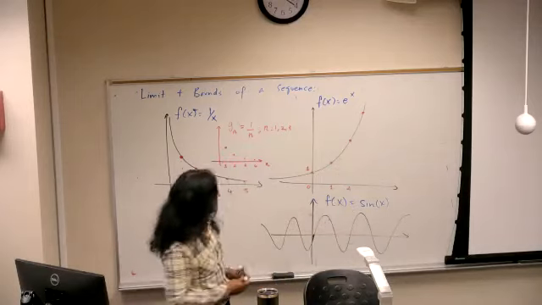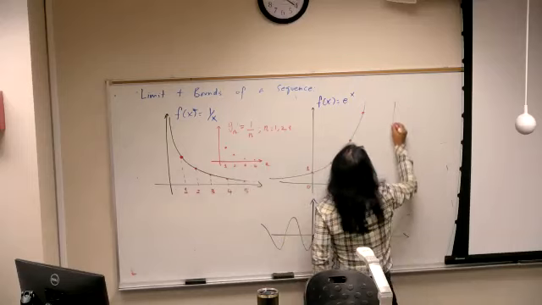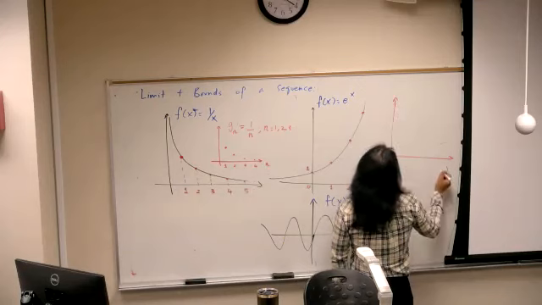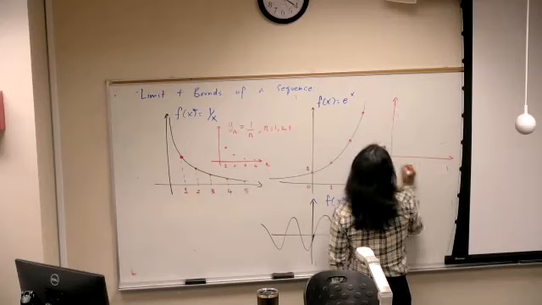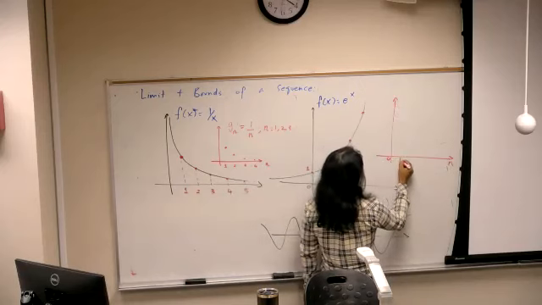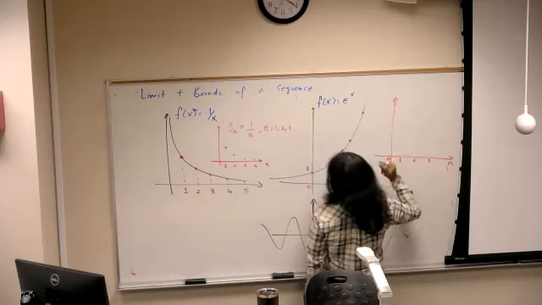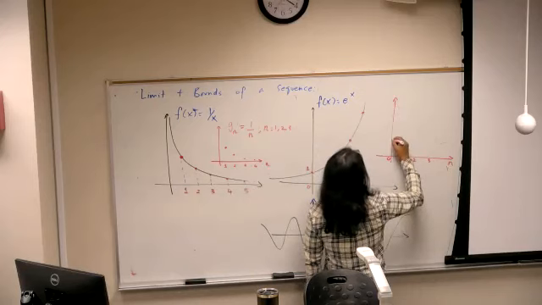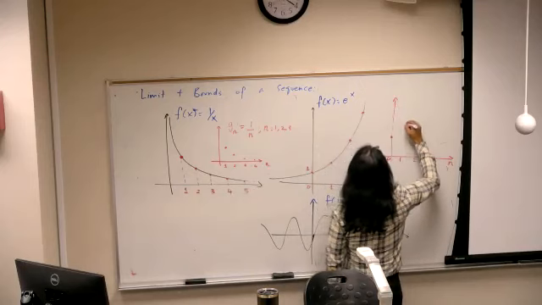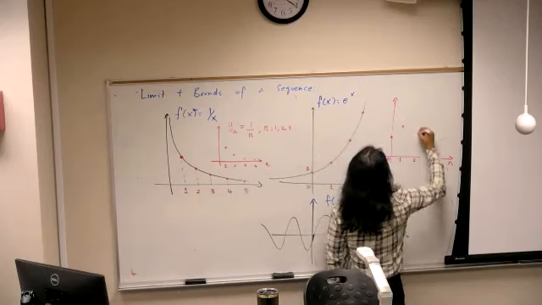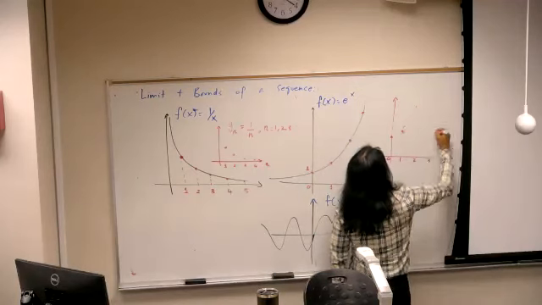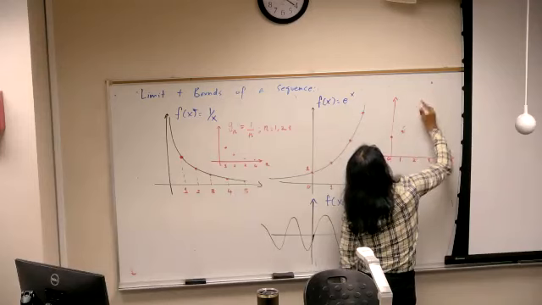So as a sequence, n starting at 0, 1, 2, 3, and so on: 1, e, e squared, e cubed.